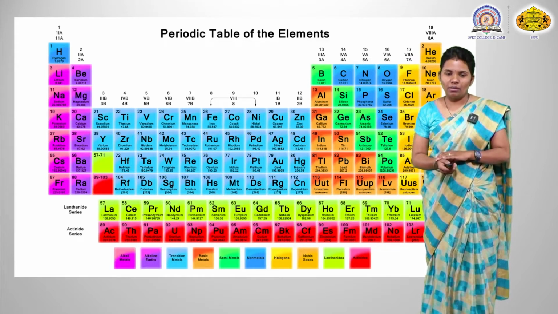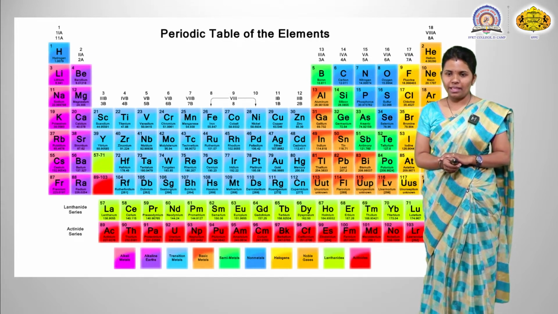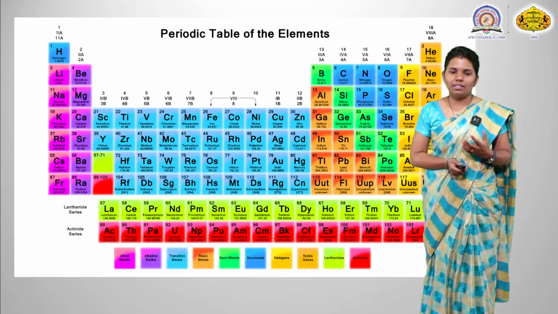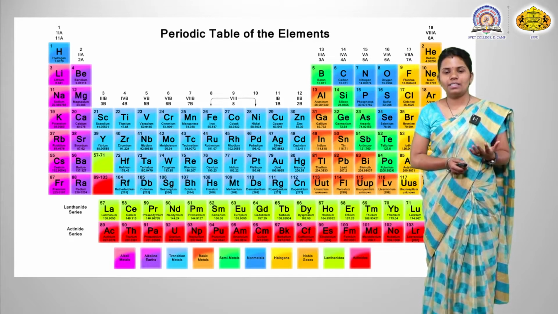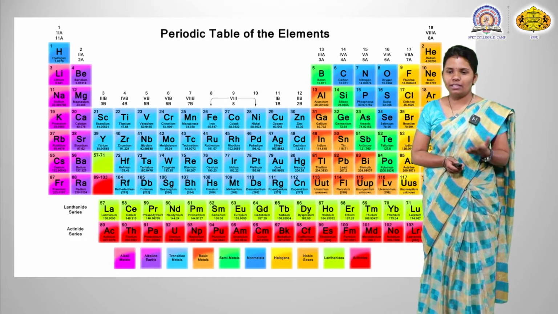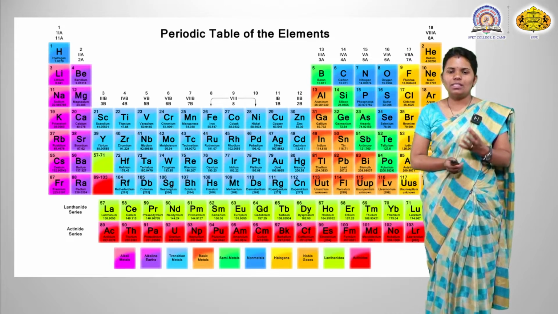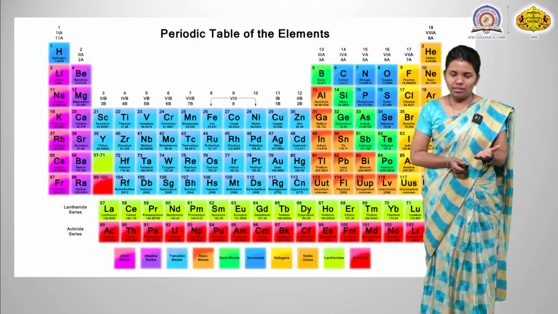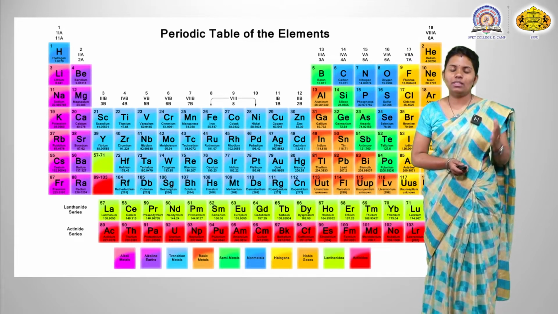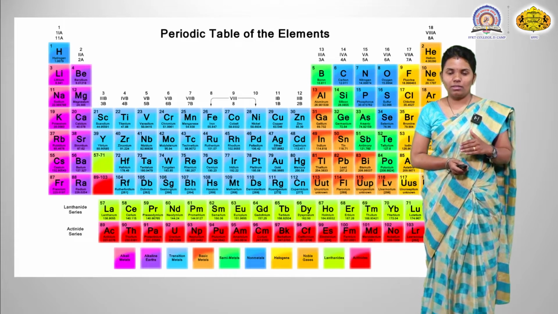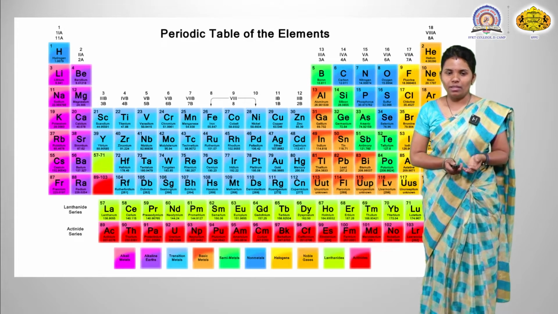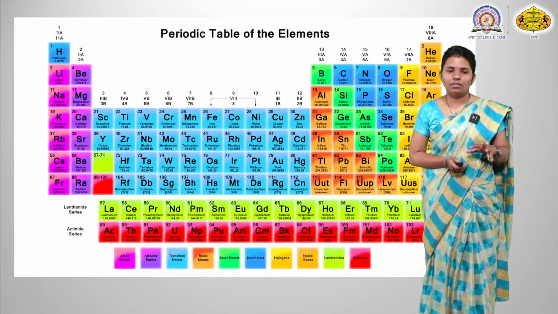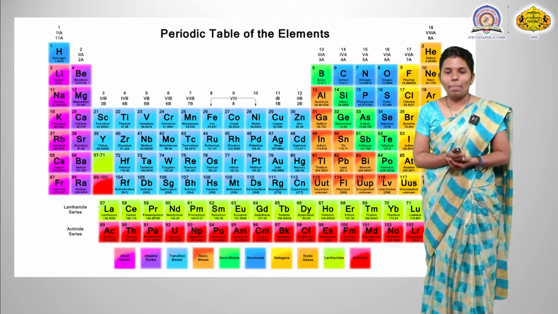From lanthanum to lutetium is the lanthanide series, and the actinide series to the last, that is actinium to lawrencium. These are basically radioactive elements. Some of them are naturally occurring radioactive elements and some are prepared in a lab. So this is all the general information about the periodic table.